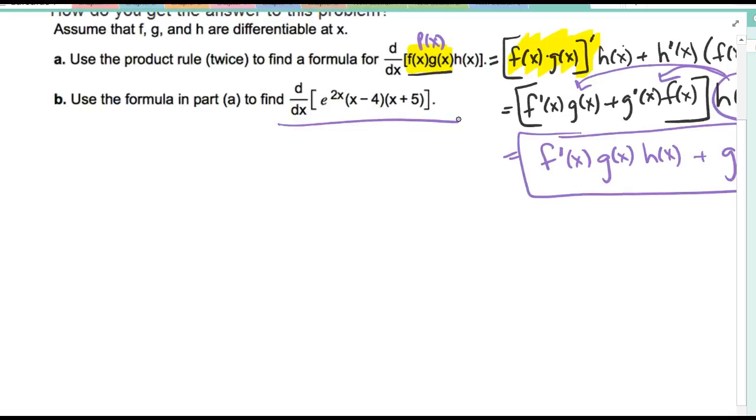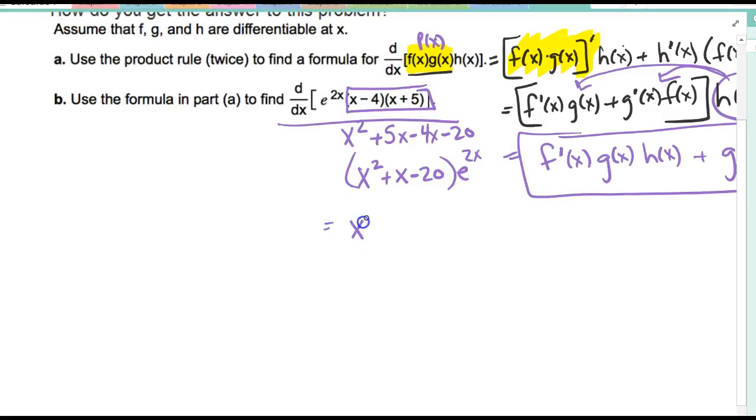Instead of trying to memorize a formula, you can take the derivative of one of the functions, hold the other ones. This one would be relatively easy to expand out. You would have x squared plus 5x minus 4x minus 20. So you could write that as x squared plus 5 minus 4, which would be 1, minus 20, all times e to the 2x.